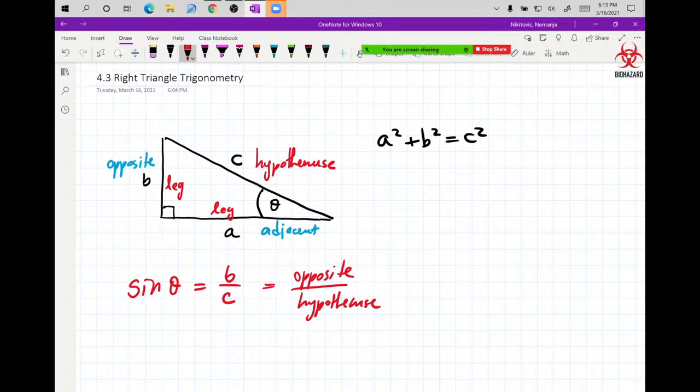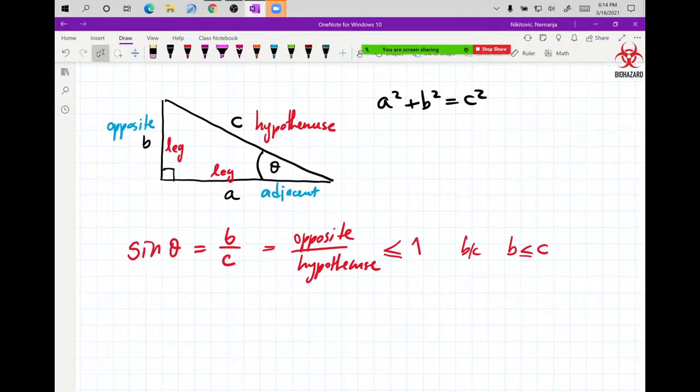Now, b is always shorter than c because c is defined as the longest side in the triangle. And this ratio will always be smaller than 1. Well, it could be 1. But it's always going to be smaller or equal to 1 because b is always less than c, or they could be equal, but again, that produces 1.